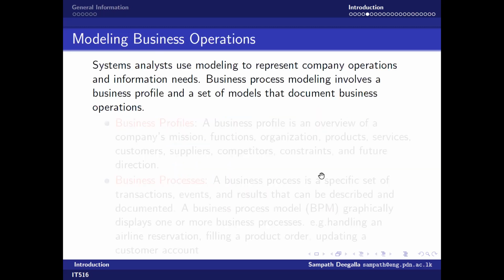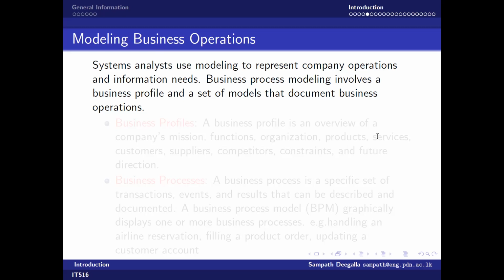Right. Okay. So when you want to model these operations in business, we need to understand the company operations and their information needs, right? Business process modeling involves looking at the business profile and also the modules that document business operations.